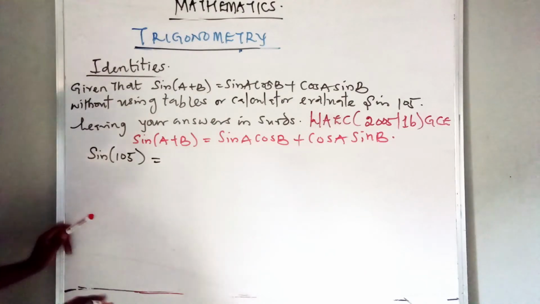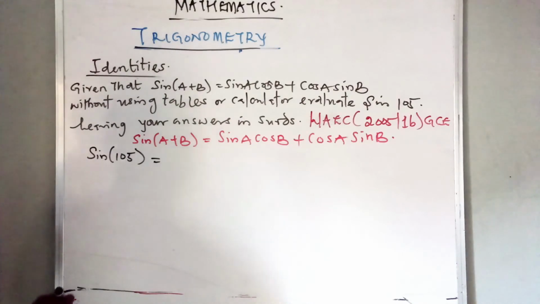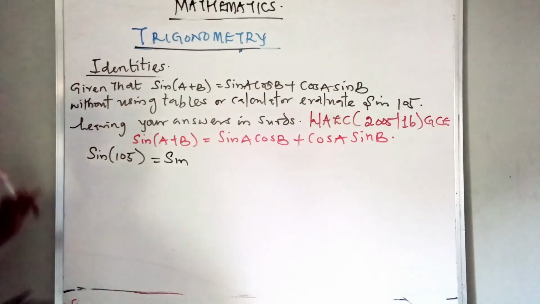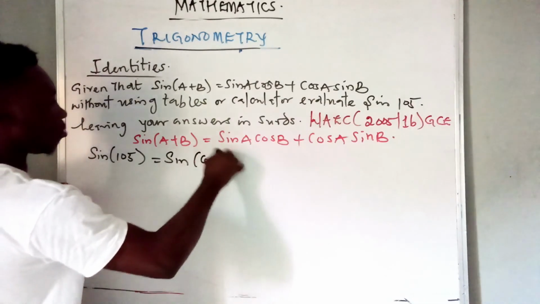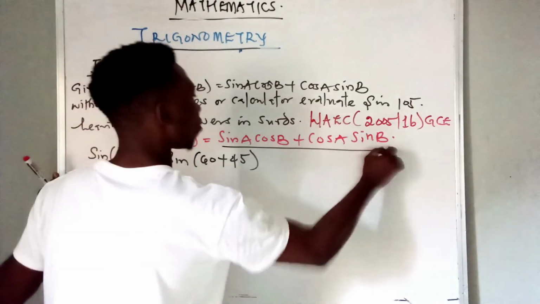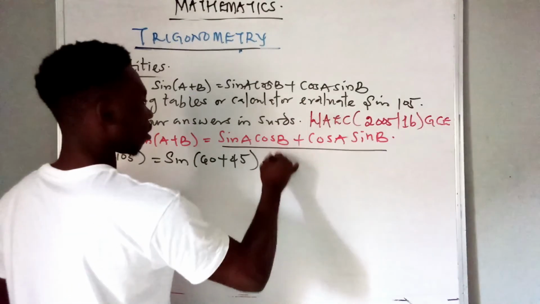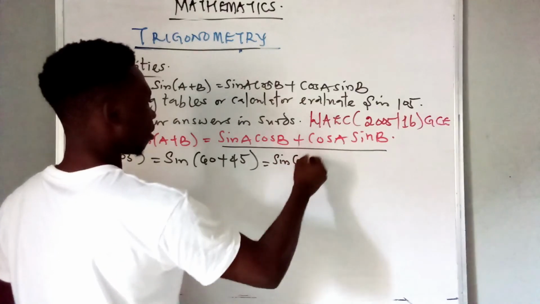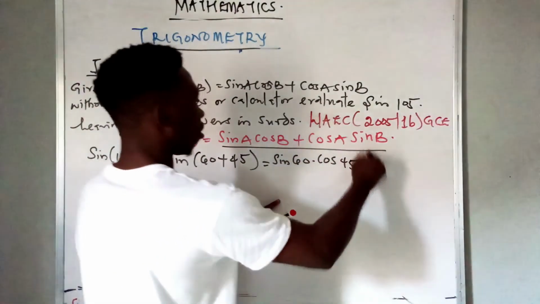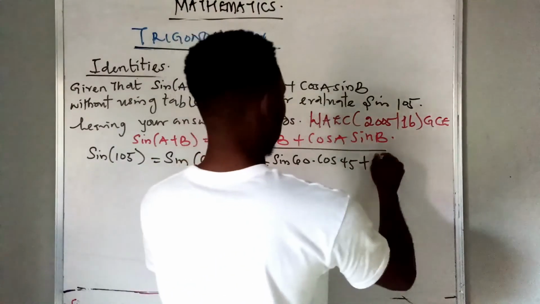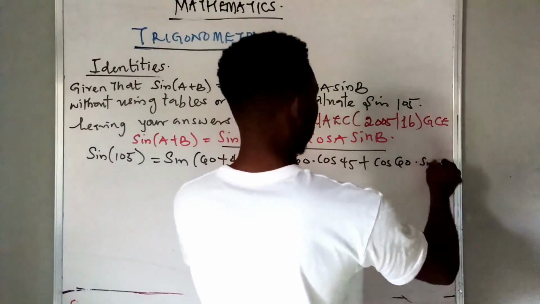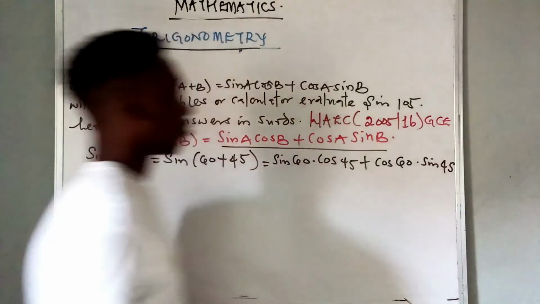105. So your sine 105 now, you can break this down into two special angles, which is going to be sine of 60 plus 45. So you split them out in this form, which becomes sine 60 multiplied by cos 45 plus cos 60 multiplied by sine 45.